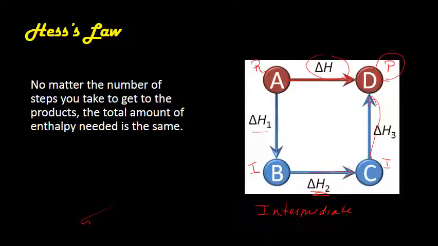The interesting part about enthalpy is if I were to take the amount of enthalpy for delta H sub 1 and add that to the amount of enthalpy for delta H sub 2, and add that to the amount of enthalpy for delta H sub 3, these three together would equal delta H sub T for total. And it doesn't matter that I took 3 steps. Instead, I'm getting there simply straight from A to D.